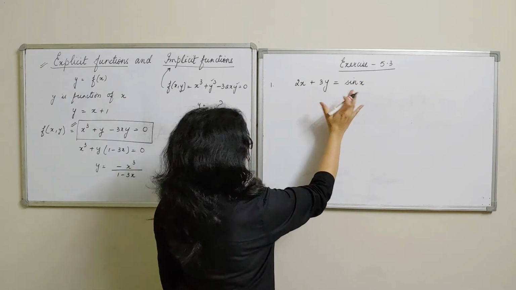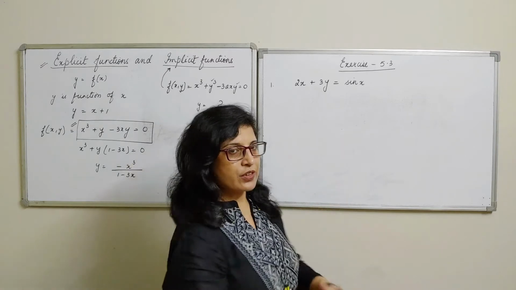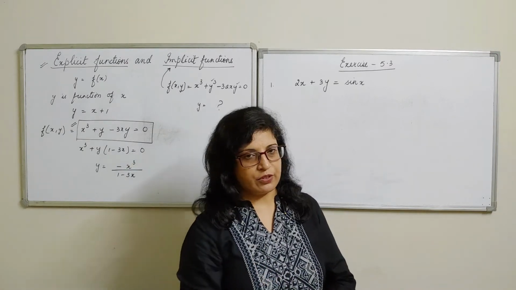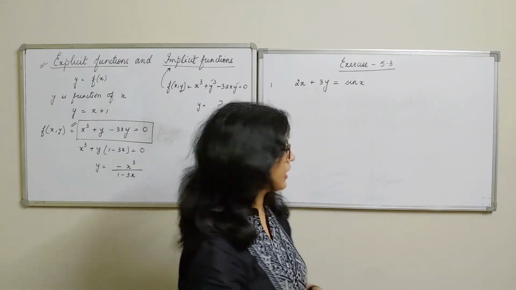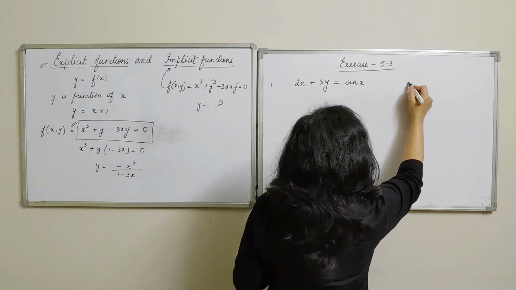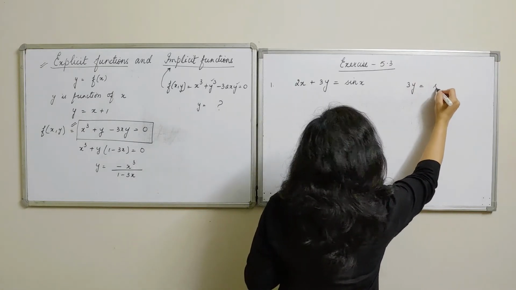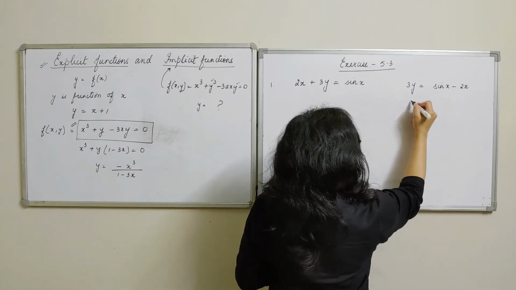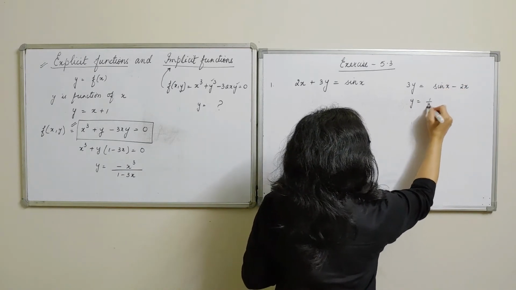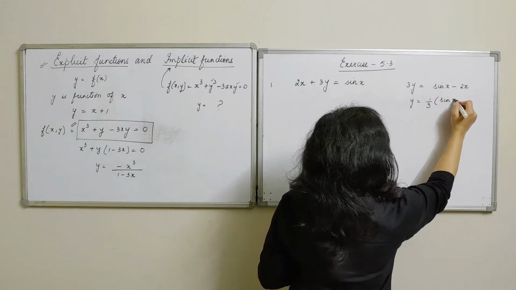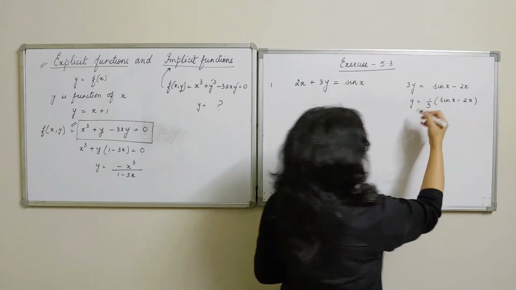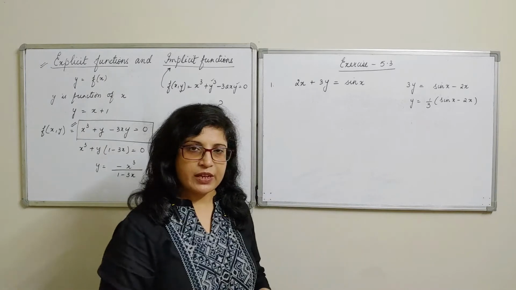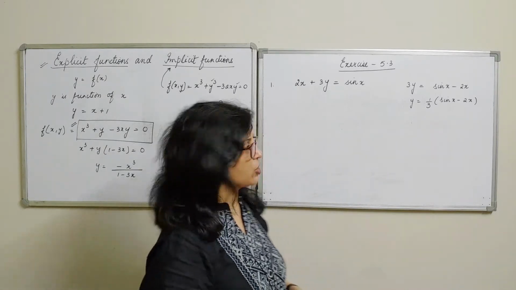You can see both variables x and y, so this is either an explicit or an implicit function. To find out what exactly it is, rewrite the equation as 3y is equal to sin x minus 2x, and hence y can be written as 1 upon 3 times (sin x minus 2x), where it is very clear that y can be expressed as a function of x, hence this is an explicit function.